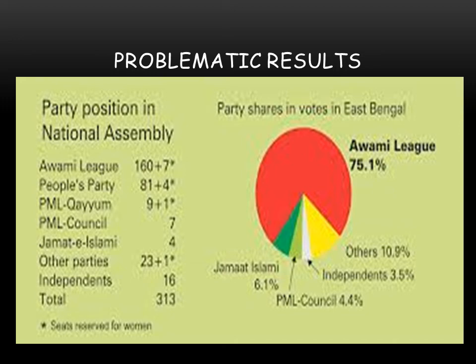And it was intolerable for West Pakistan to give the whole power to East Pakistan, as Mujibur Rahman was from East Pakistan and he got the majority of seats in the assembly, so he had the right to establish his own government.